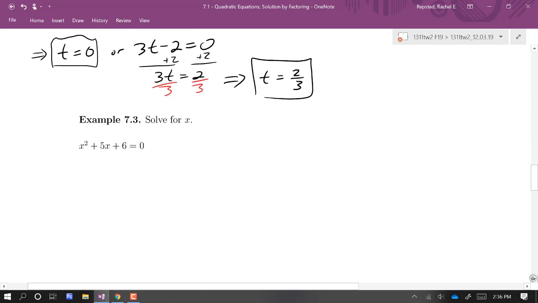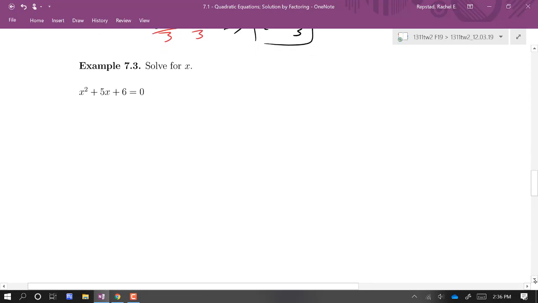Let's do another one. This one's already set equal to 0. So if it's already set equal to 0, what do we do? Yeah, see if we can't factor. So does this factor? How does it factor? 6 and 1?